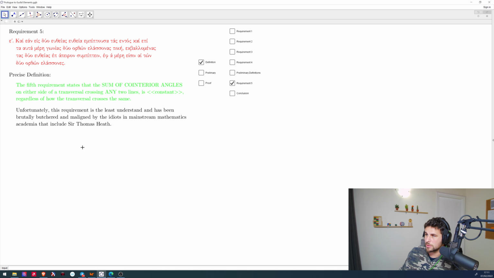So, as we've said before, since the time of Sir Thomas Heath, this is very poorly understood, if at all, by the mainstream, and mathematics as a whole has gone down the drain because of the misunderstanding of this fifth requirement from Euclid.